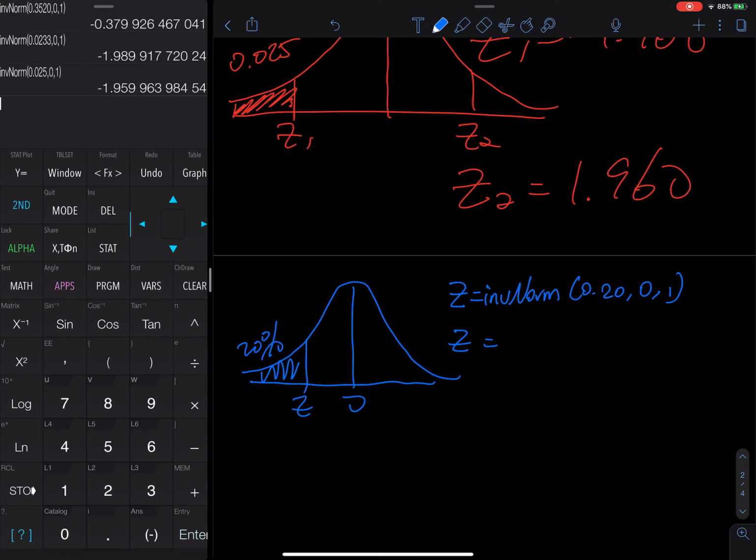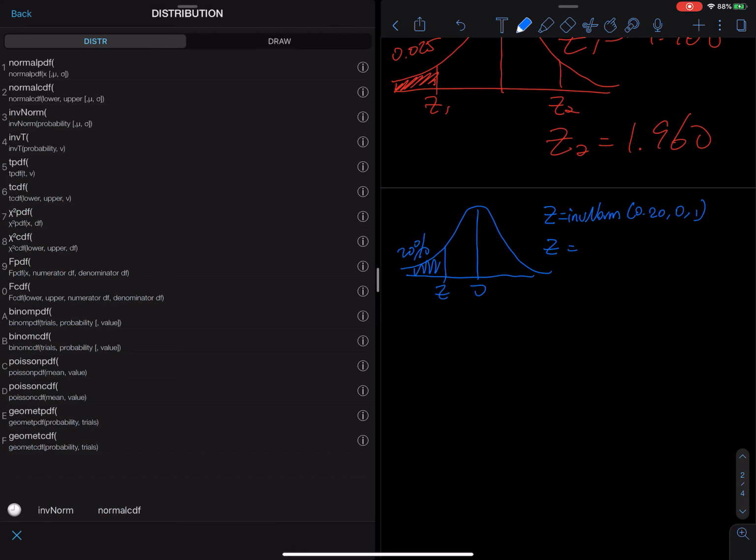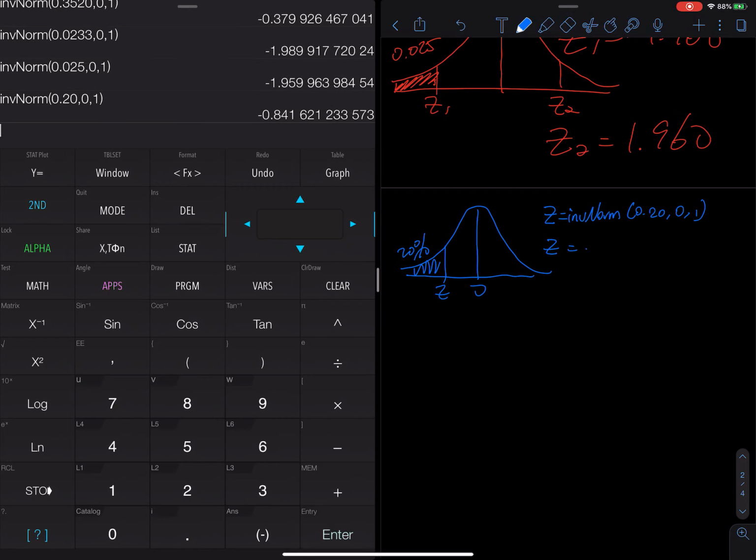Let's calculate that. Second VARS, inverse norm 0.20, mean is 0, standard deviation is 1, then this is negative 0.842. So that is the first one.